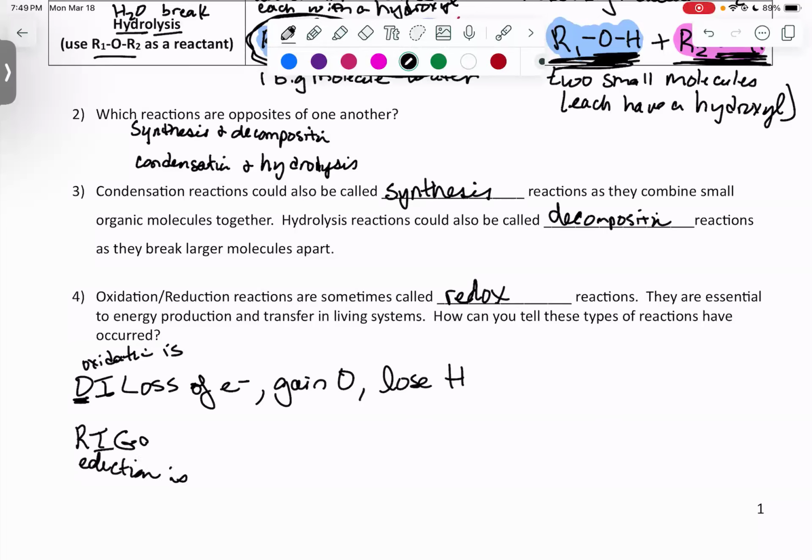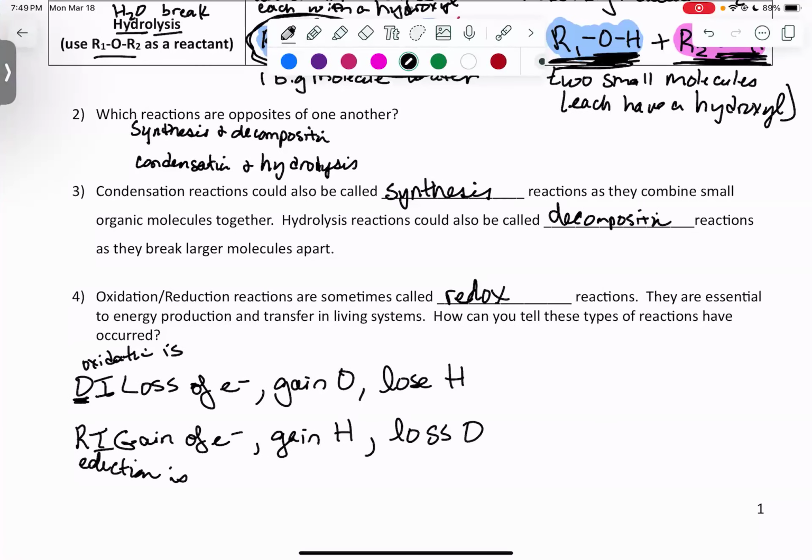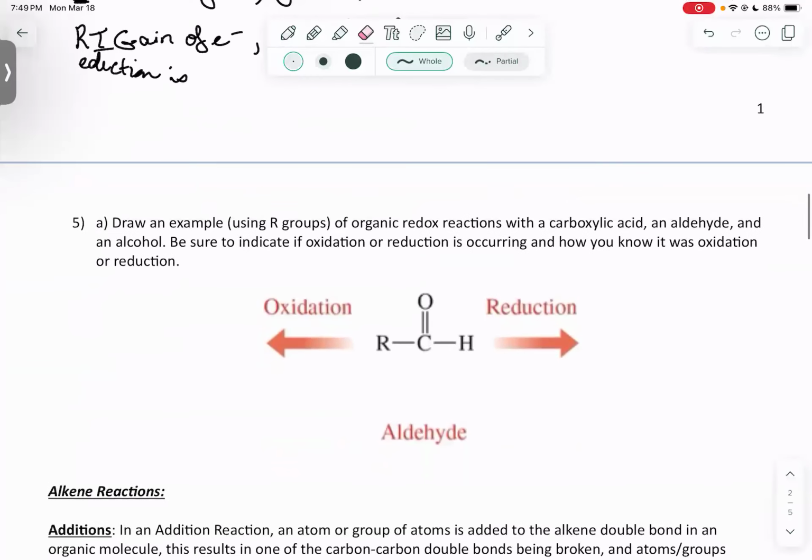Reduction is gain of electrons, gain not of oxygen, but of hydrogen, and then loss, or you lose oxygen. So you just have to remember that they're opposites of one another. And what I would do is, as soon as I got my exam, I would write that on the top of my exam.